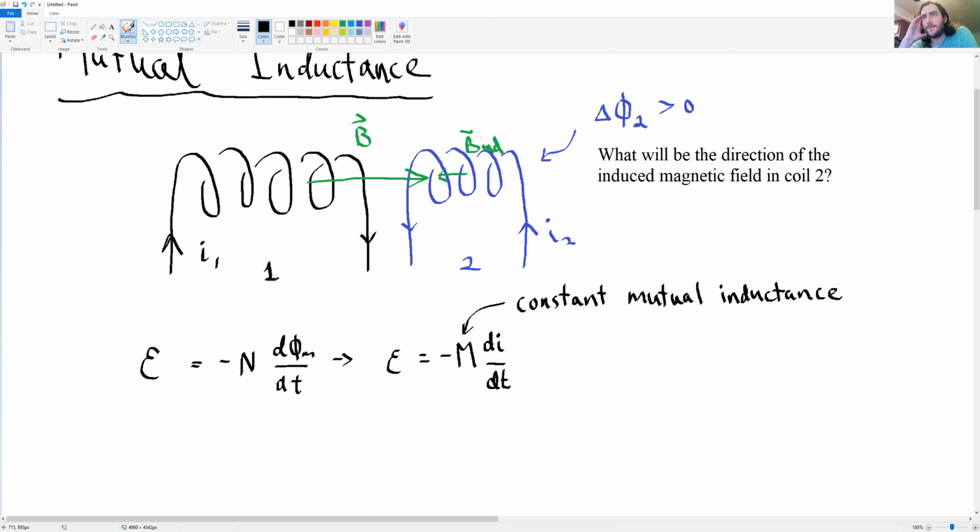The current that's changing here and inducing a current in coil 2 is current 1. So di1/dt times the negative mutual inductance. The minus sign is just from Faraday's law. And that induces a potential difference or a current or a magnetic field in coil 2. So this is how the subscripts should look here.